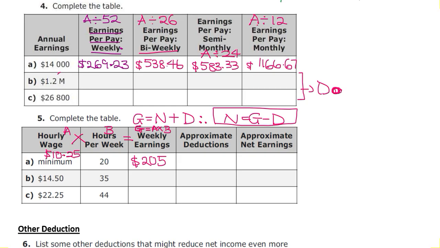Now the next question says you should find the approximate deduction. Now the approximate deduction, let's say, is 9%.